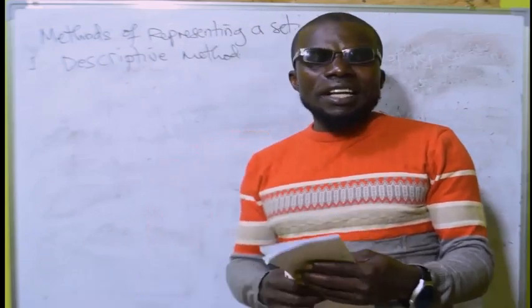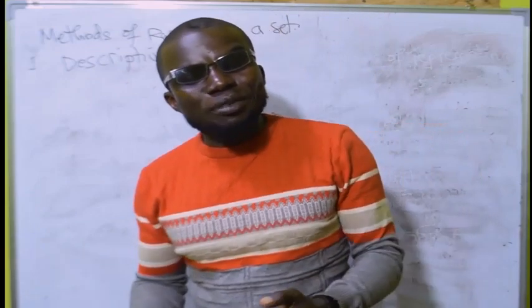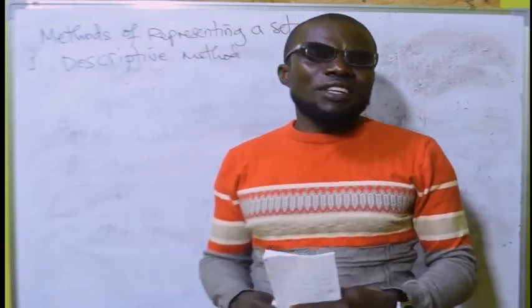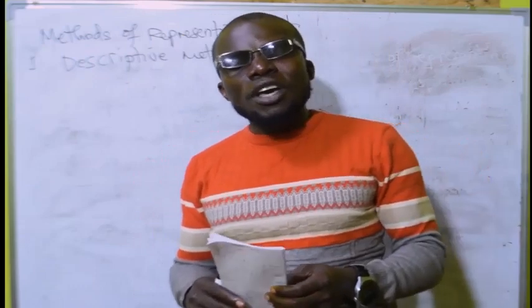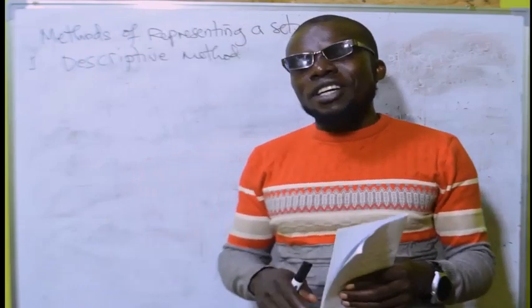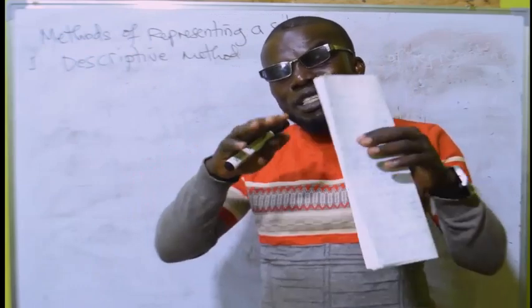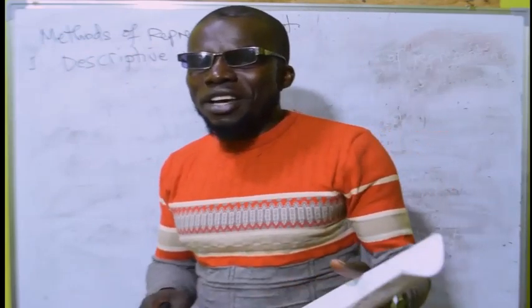Or it can be like, let A be the set of all even numbers less than 20. So by writing that definition in words, that's what we call describing. That means explaining the whole set by words.